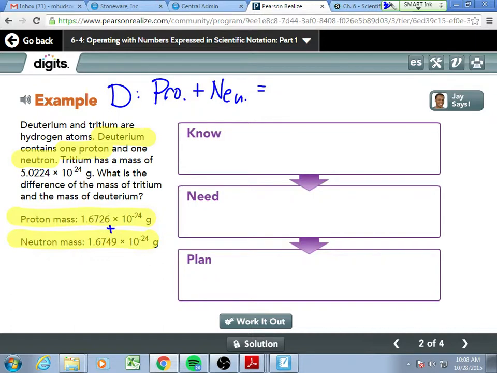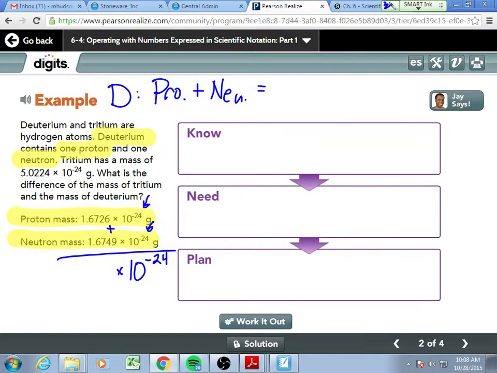Since they already have the same power of 10, 10 to the negative 24th, I know that when I add them, my 10 to the negative 24th will stay the same. All I have to do is add my base values, the 1.6726 and the 1.6749.